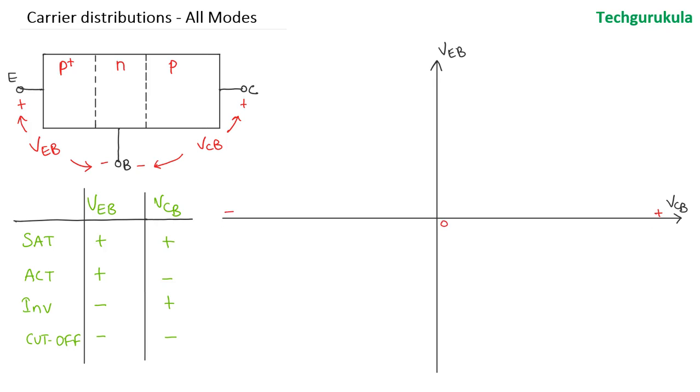Same here, VEB is positive here, 0 here, and negative here. Looking at this table, the first quadrant is saturation, the second quadrant is active, the third quadrant is cutoff, and the fourth quadrant is inverted active.